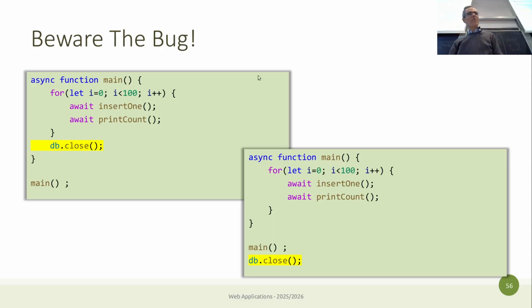Because you need to execute the db close after all the awaits. If you put it here, after the main, okay? Remember, the main calls an async function. It immediately returns a promise, which is not fulfilled or rejected until all the code inside the async function has been executed.